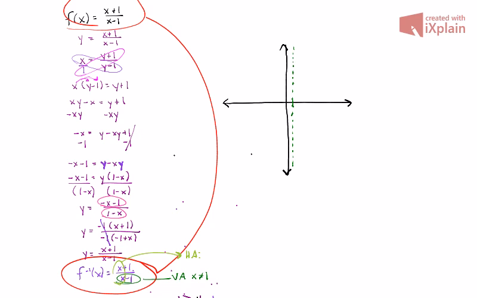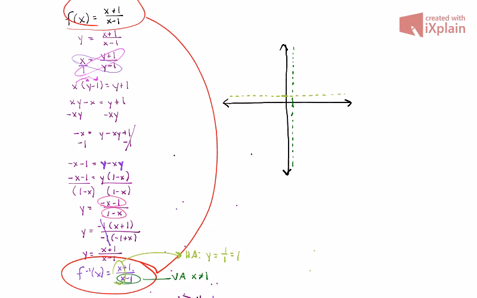Now, in this case, recall your rules. The degree of the polynomial in the numerator and the degree of the polynomial in the denominator are equal. So we're actually going to set up a ratio of the lead coefficients, which in this case is going to be 1 over 1, or just 1. So our horizontal asymptote will be here, like so.